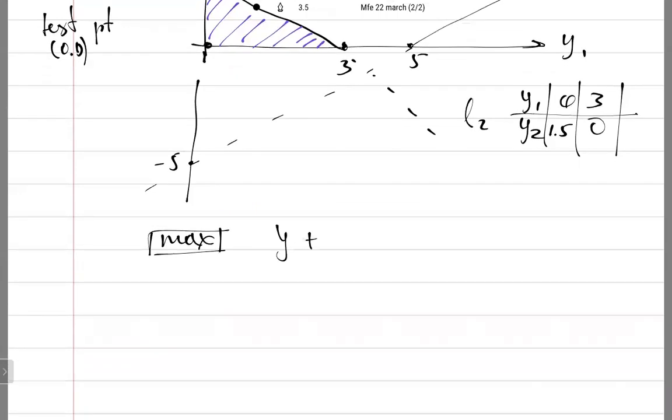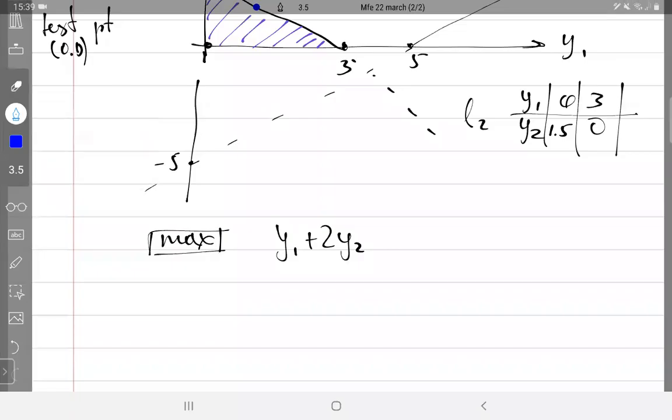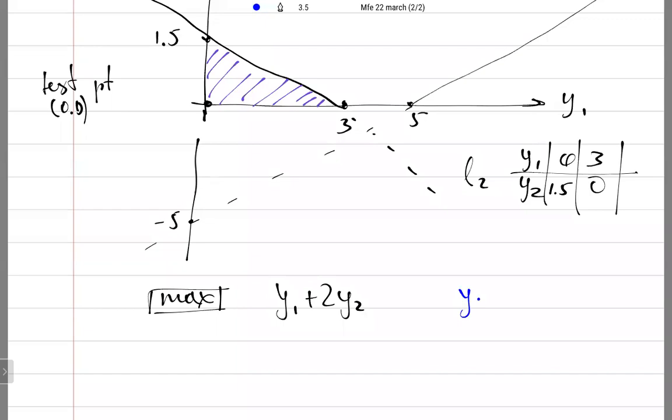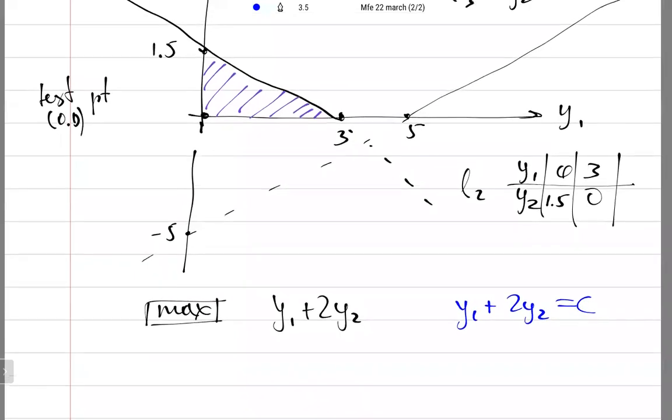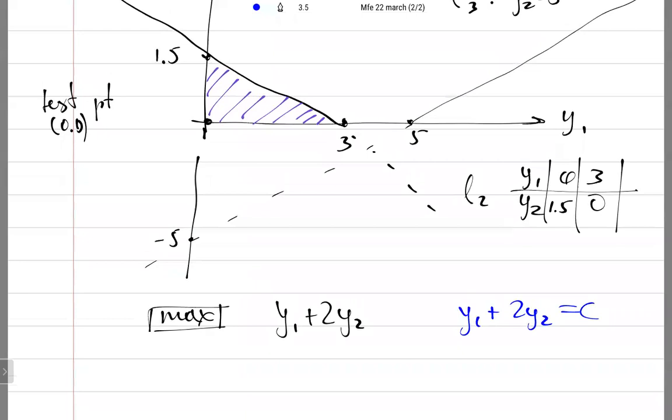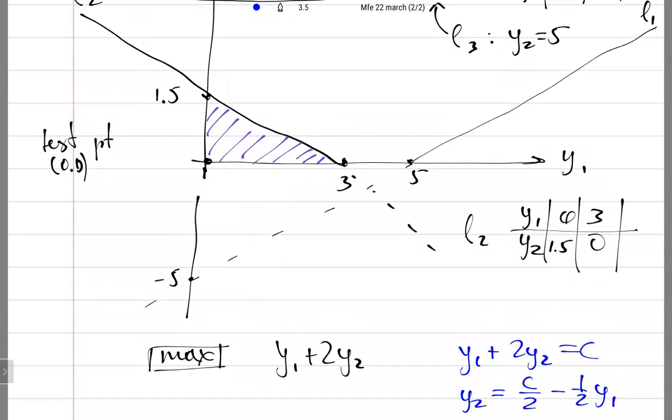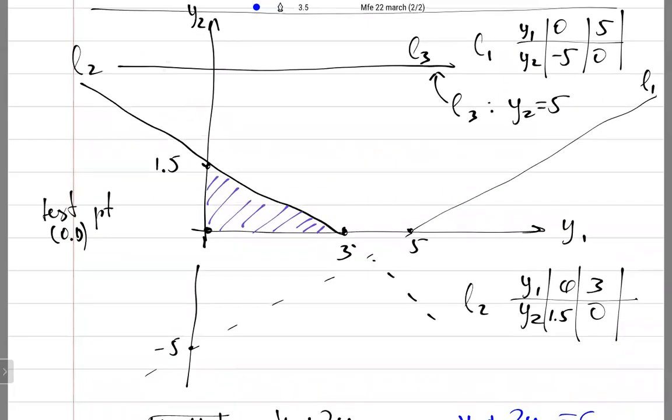If I draw the level curves, let me draw them in blue: y1 plus 2y2 is equal to c, so y2 is equal to c over 2 minus 1 over 2 y1. If I draw these level curves for different values of c, I will obtain curves like that.